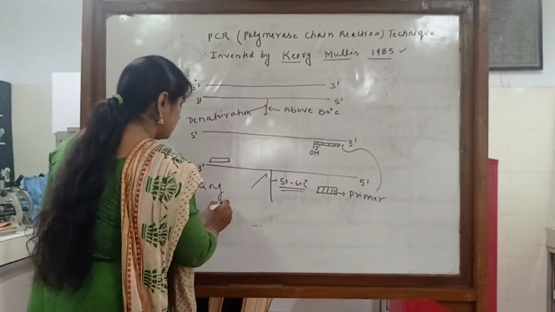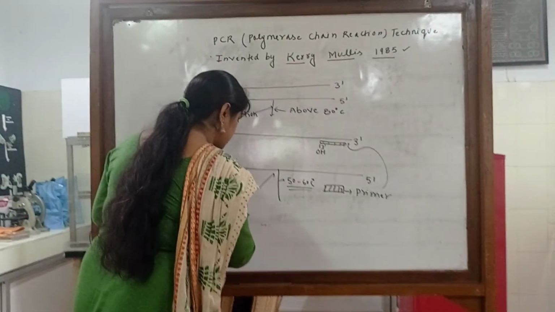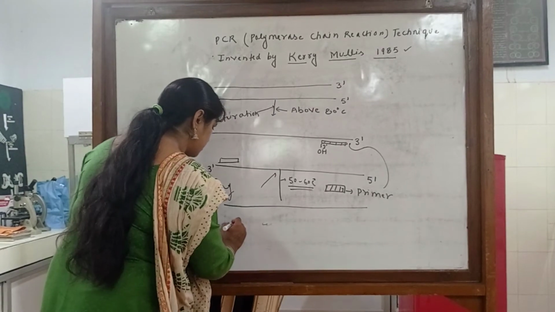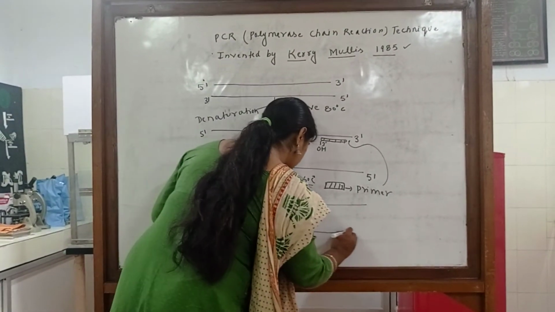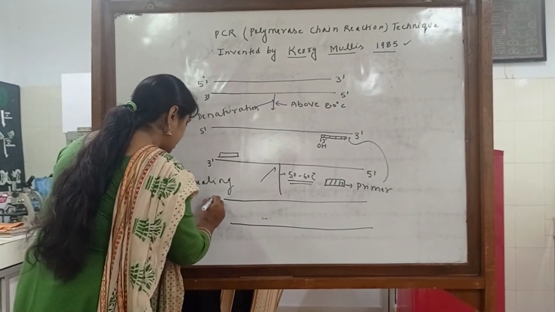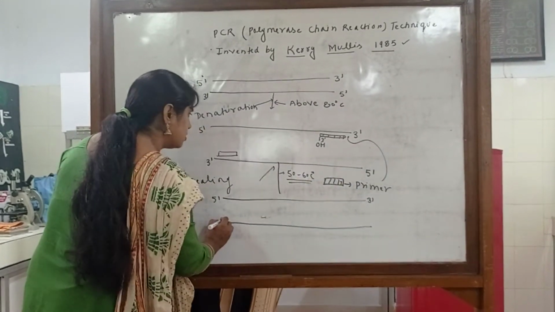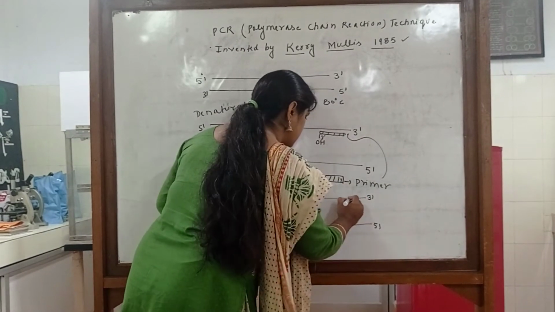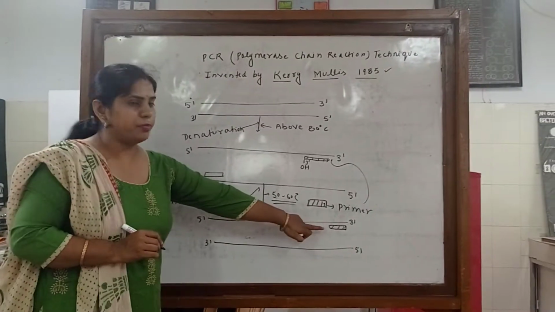So next step. What is the next step, class? It's the extension step. What is the meaning of extension? Addition of new nucleotides to the bound primer.